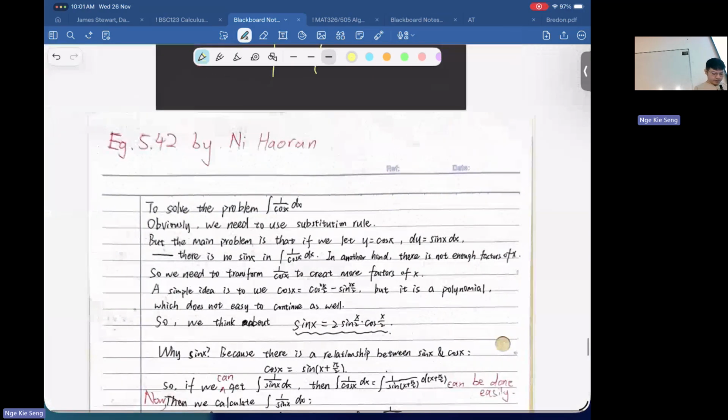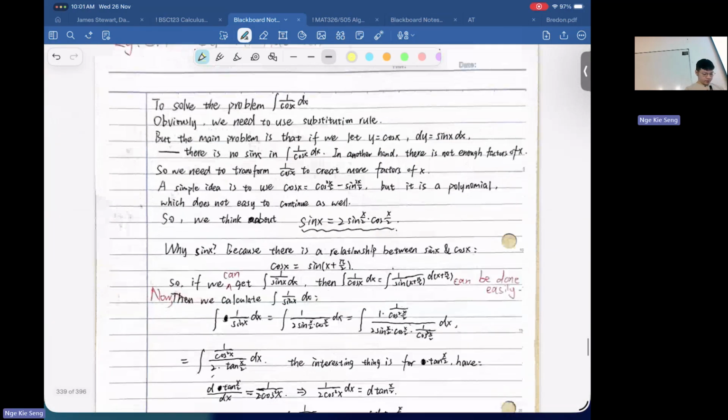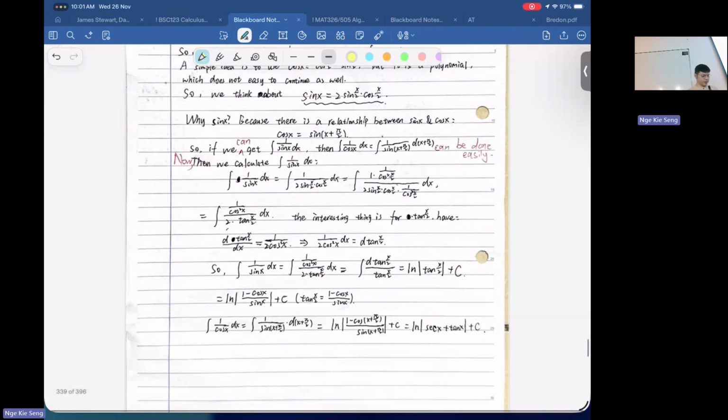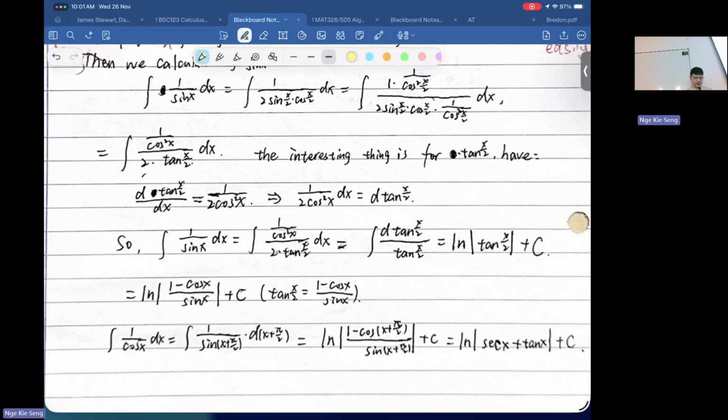He used a rather different method, where he chose to integrate 1 over sine x first, and then related it back to 1 over cos x. So you can have a look. They got the same answer as us, which is ln of secant x plus tangent x.